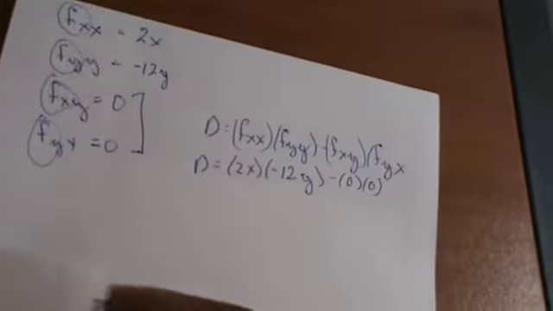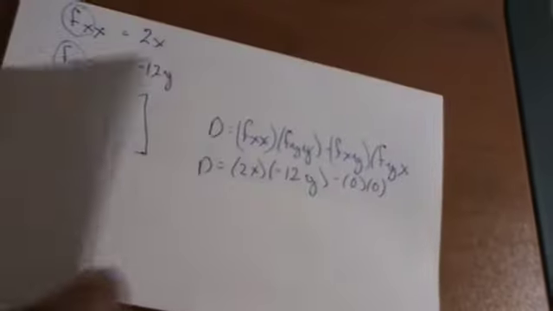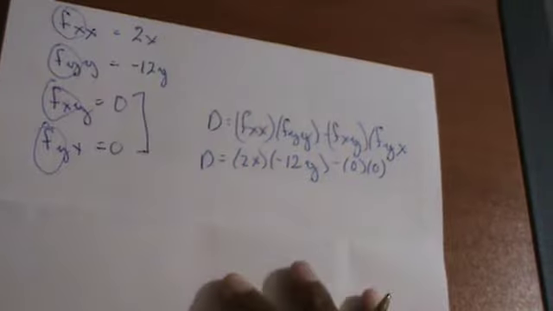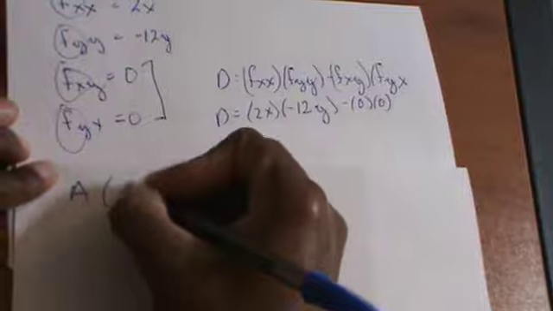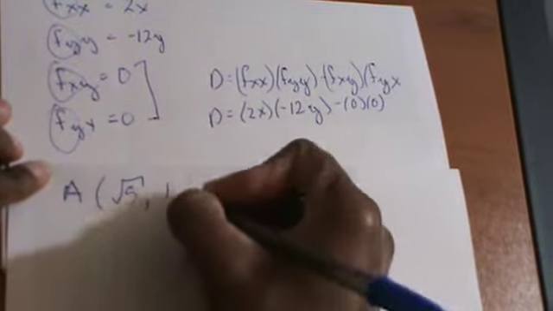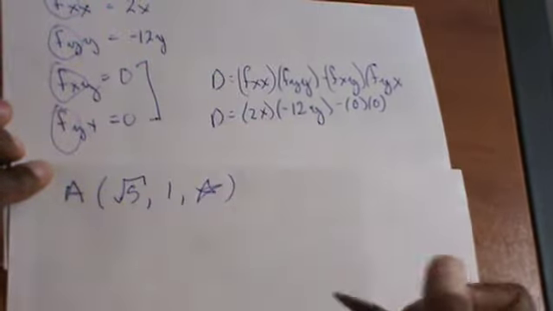Okay, so I'm going to leave this here because I want to be able to use this for my various points. All right, so here's the 4 points. You got to be keeping that in mind. I'm going to do them one at a time. So let's deal with the point A, which is the square root of 5, 1, and then its corresponding z term.